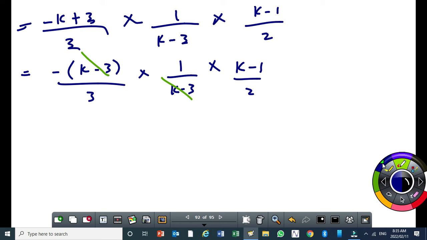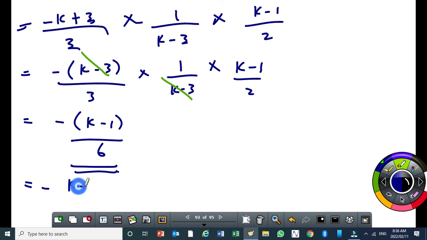You following? So our numerator, we are going to have a minus 1 times positive 1 times k minus 1, which means our numerator will be minus k minus 1. The denominator will be 3 times 2, which is a 6. If you want to divide this as minus, then write k minus 1 all over 6. Means you put the minus outside.